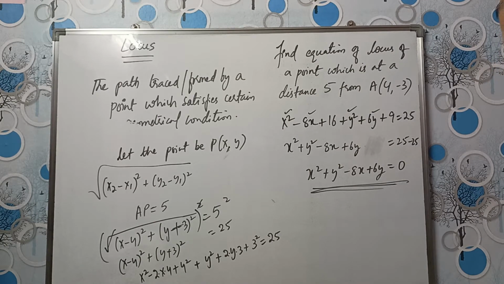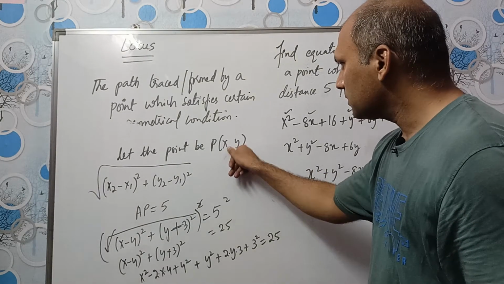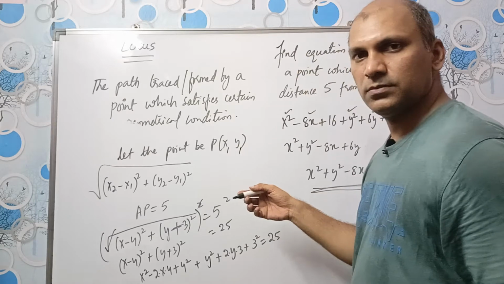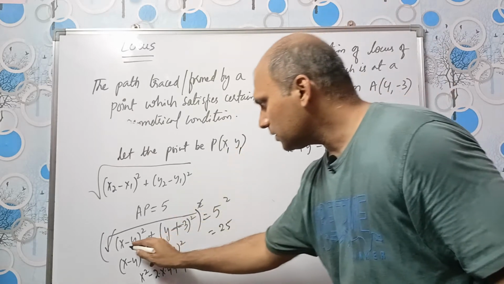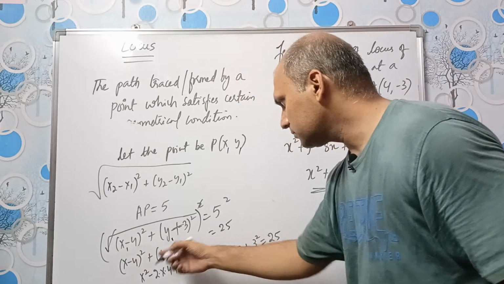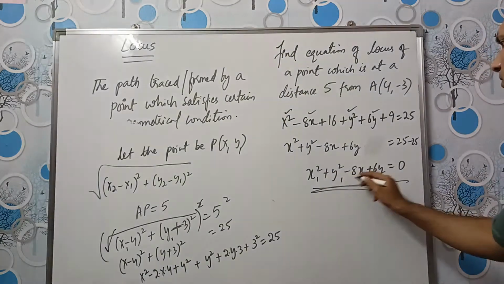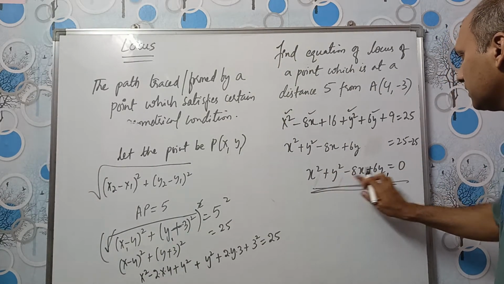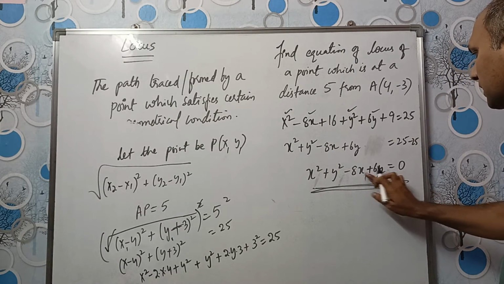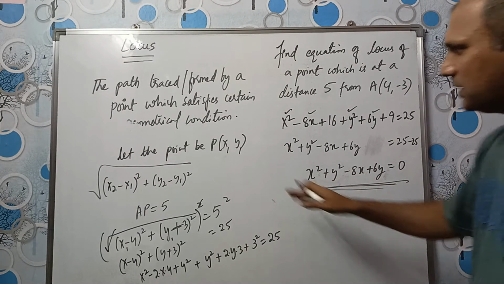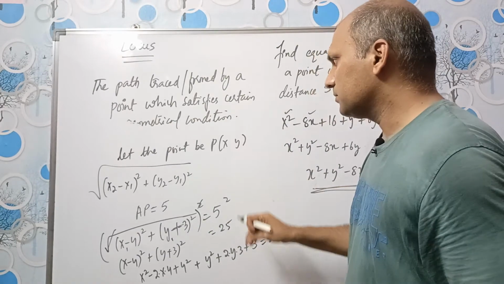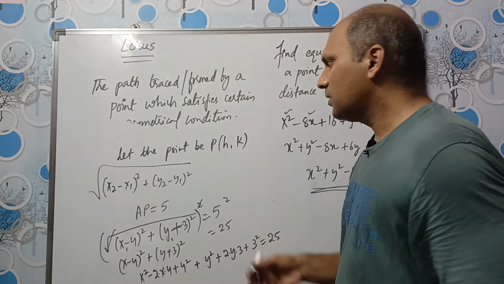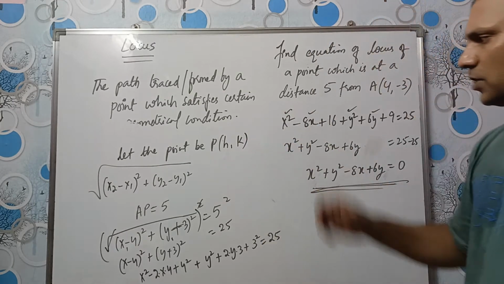In some books this point P will be taken as x1 y1, so you will get x1 and y1 everywhere, and finally you need to replace the x1 y1 with x y. Or in some books the point is given as P(h, k).